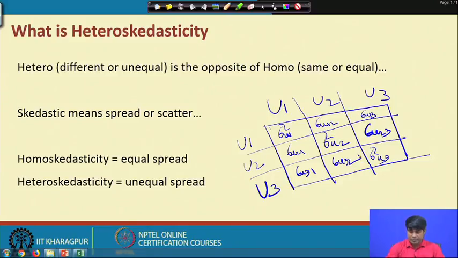Then we will look for a solution as per the particular requirement. Here the entire matrix can be divided into 2 parts, which we have already explained in the case of autocorrelation: one part is the diagonal elements, the other part is the off diagonal elements. The off diagonal elements are sigma u12, sigma u13 and sigma u23.